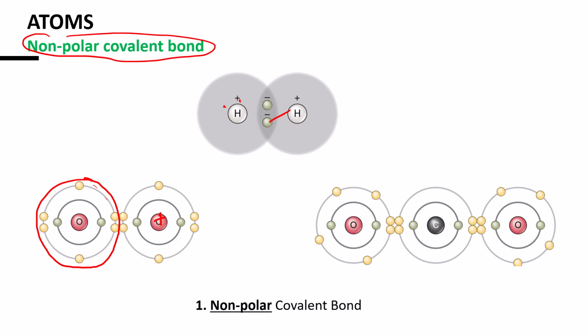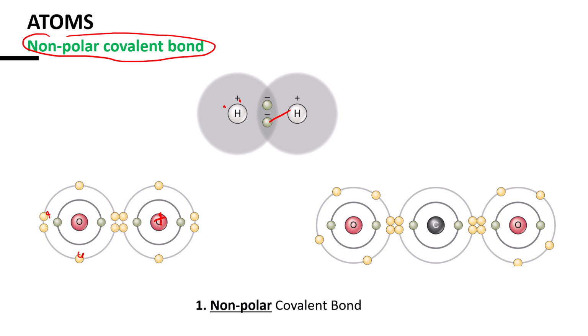Now this oxygen will share these 2 electrons, and that way it will complete the valence shell. We have 1, 2, 3, 4, 5, 6, plus the 2 that it is sharing, so that will be 7, and this will be 8. The same thing for this other oxygen. They're sharing these ones, and that's how they complete their valence shell.